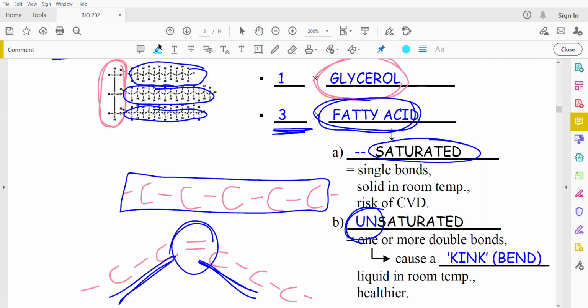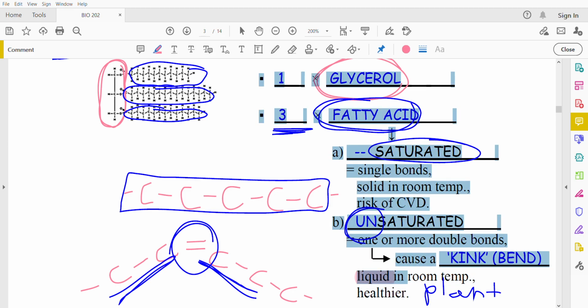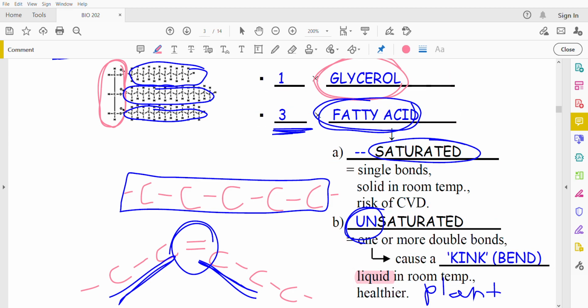Well, we care because unsaturated fatty acids normally originate from plant sources, and they are typically liquid at room temperature.